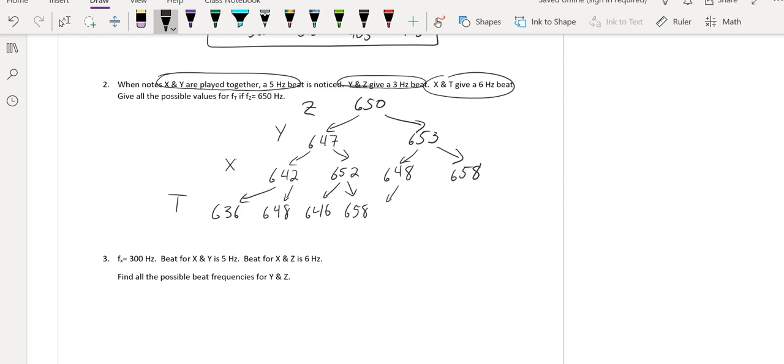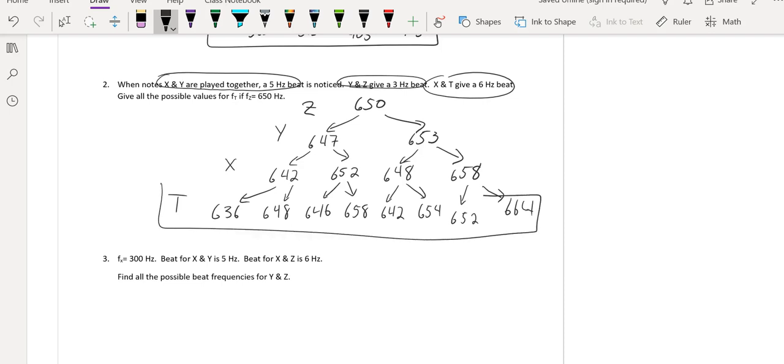Likewise, from the 648, we get 642, and we get 654. And here we get 652 or 664. So it says find all the possible values for T. So there's 8 values for T.